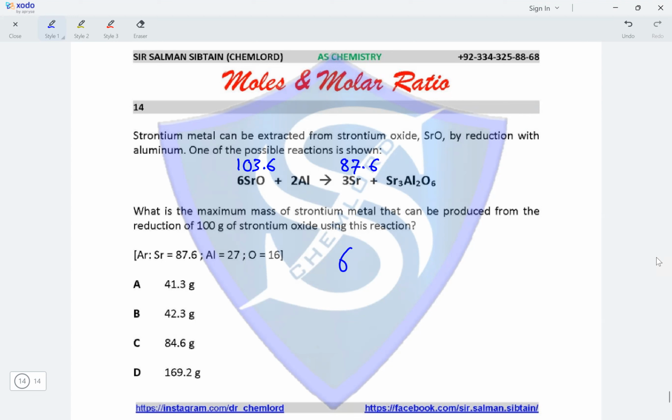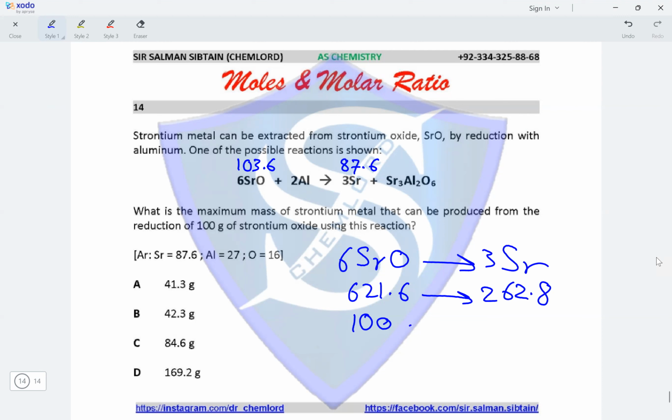So 6 moles of SrO produces 3 moles of Sr. Multiplying 103.6 into 6 gives us a value of 621.6, and multiplying 3 into 87.6 gives us a value of 262.8. The question asks us, 100 grams of SrO would produce how much strontium metal?